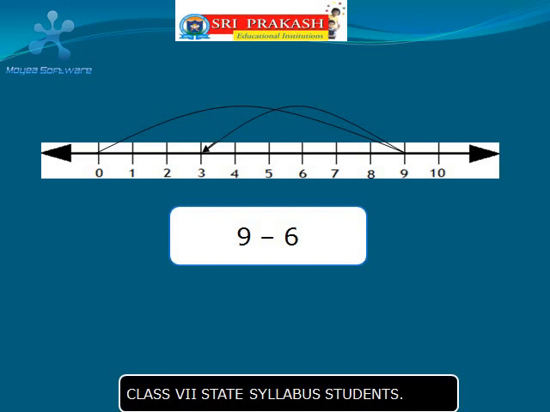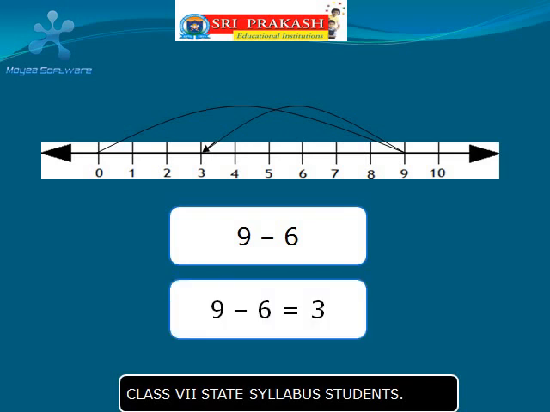Minus means we should move towards left hand side by 6 units. 1, 2, 3, 4, 5, 6. So we reach at 3. The answer for 9 minus 6 is 3.